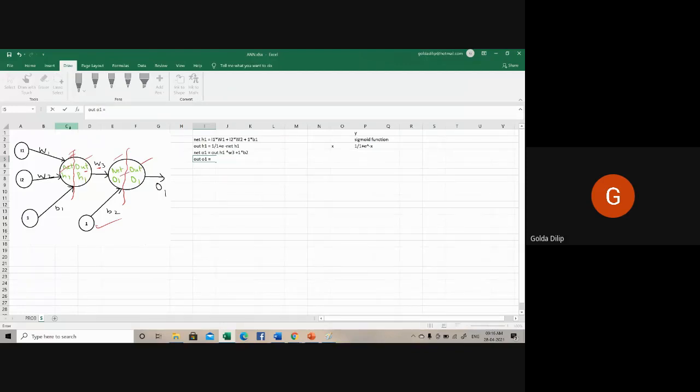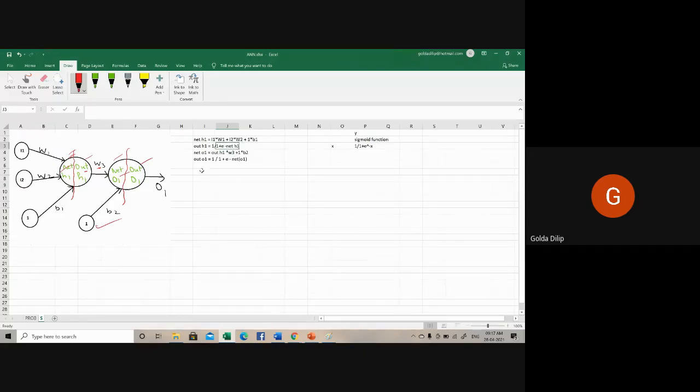So the function is 1 by 1 plus e to the power minus x, and out O1 becomes equal to 1 by 1 plus e to the power minus net O1. Previously it was net H1, here it is net O1.